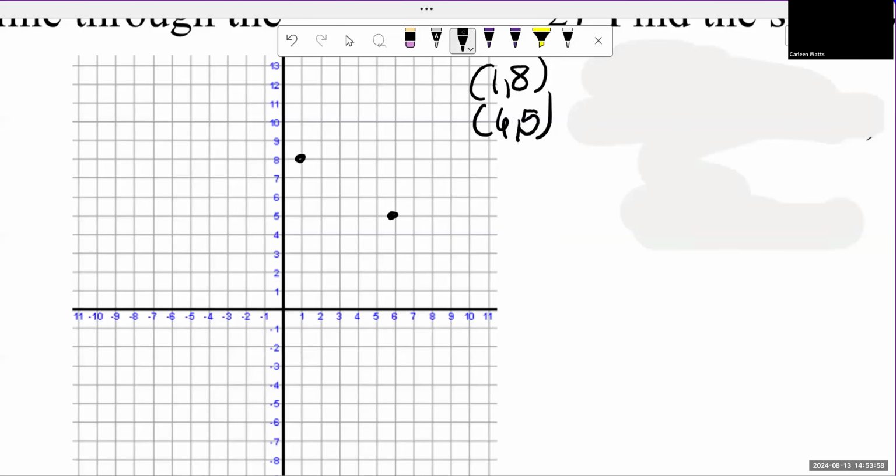I could make a slope triangle, and I'm going to go from left to right. So slope tends to be rise over run. So I'm going to do the vertical change right here from one point to the other point.